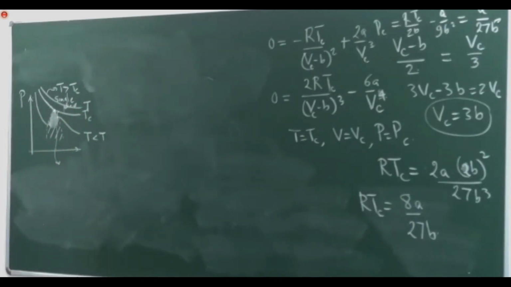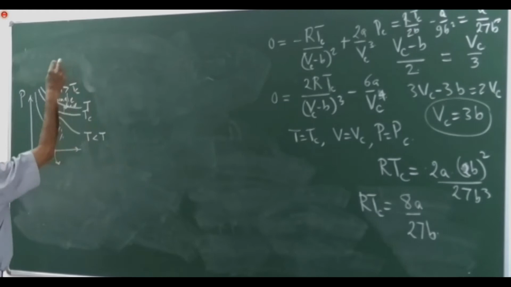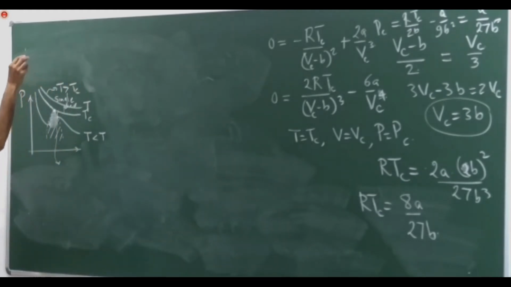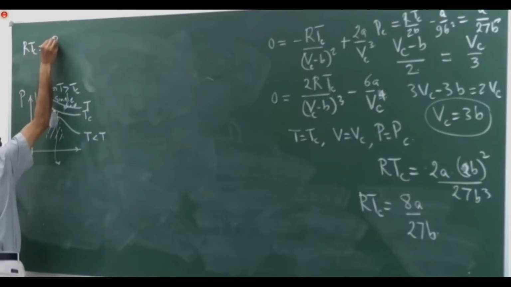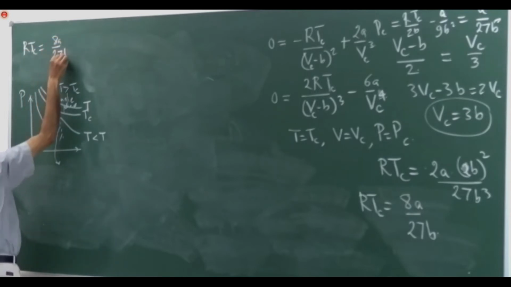So we are looking at this point of inflection over here, and I got the critical values: RTc equal to 8A over 27B.